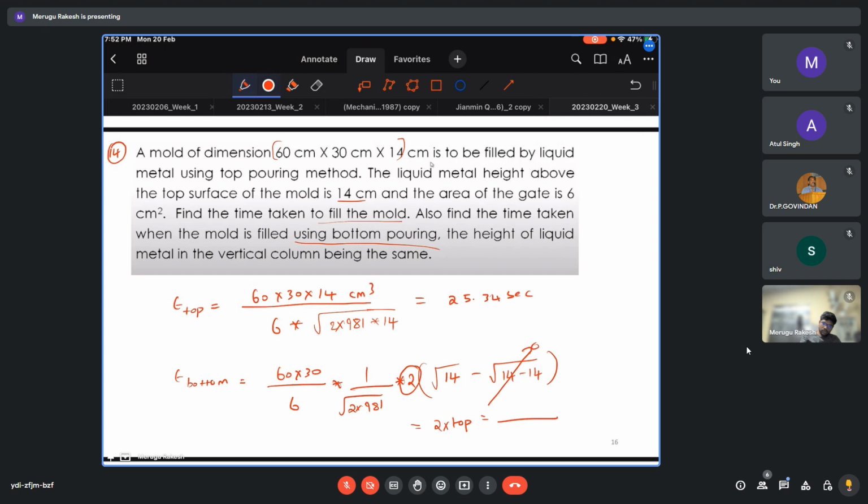This is just some other example, just the same model. Let me know if you are getting 50.6 seconds.